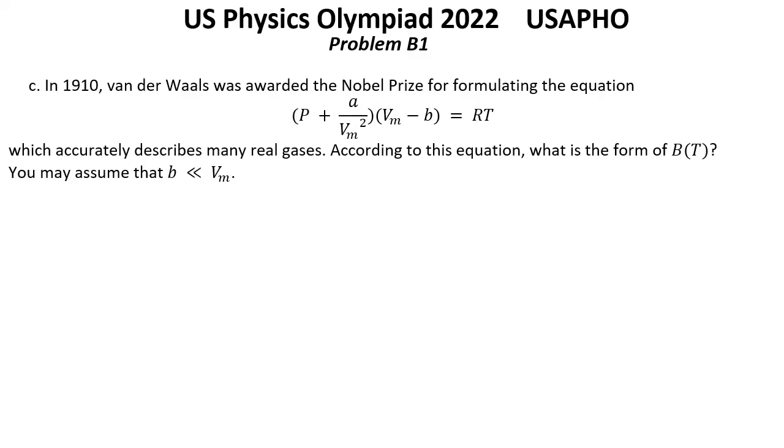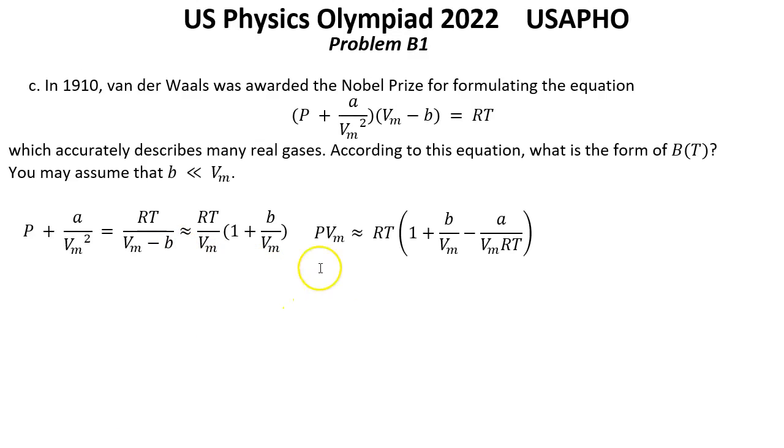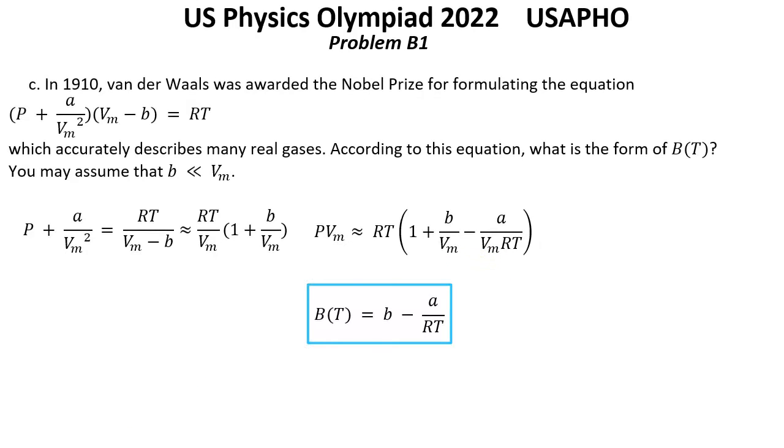From the van der Waals formula we have (P plus A over V_m squared) times (V_m minus B) equal RT. For B much less than V_m we have approximately this formula, and rearranging it gives us this approximation. Using this approximation we can conclude that B(T) equal B minus A over RT. That was the solution for question C.